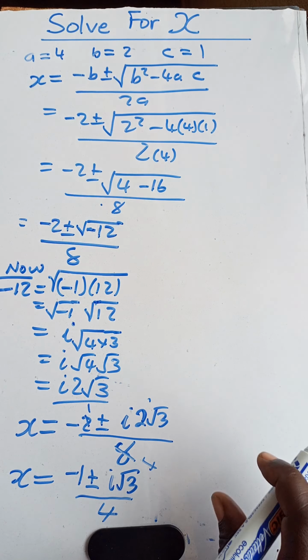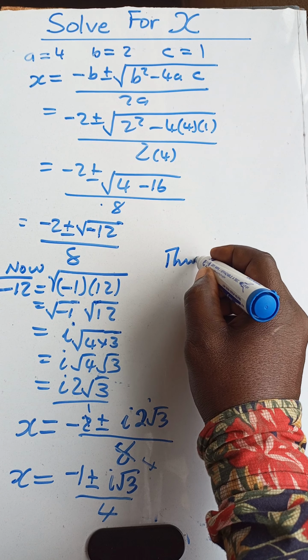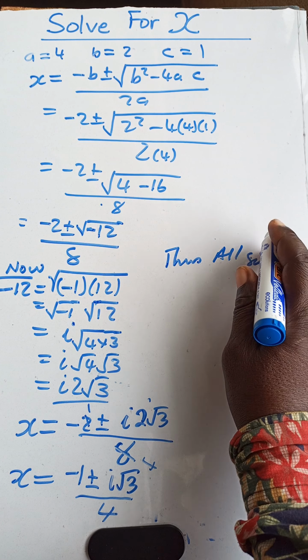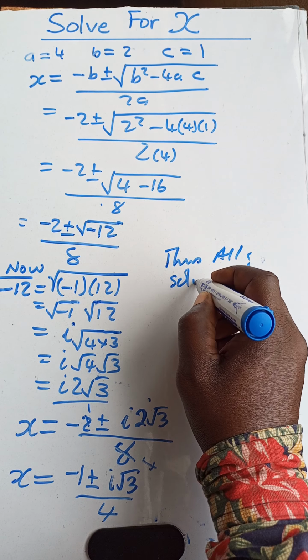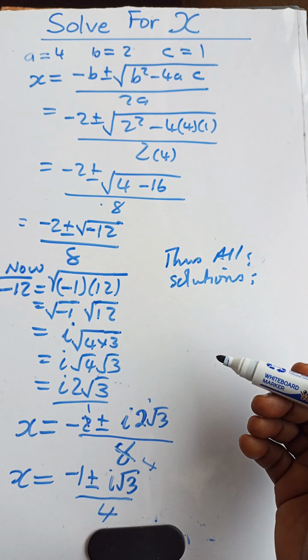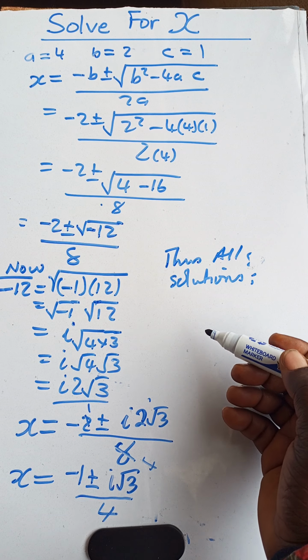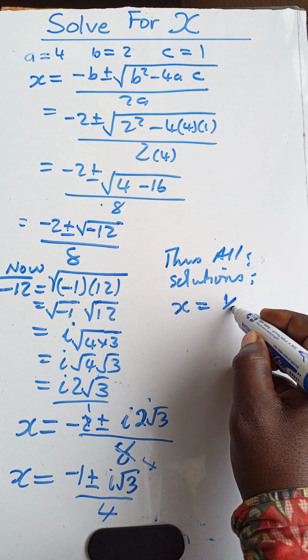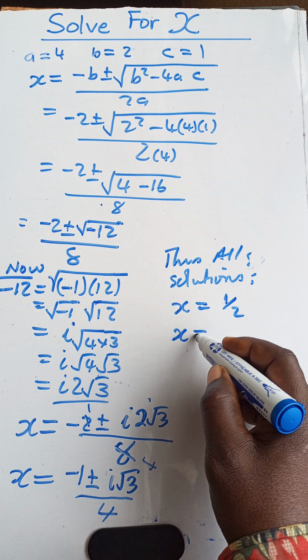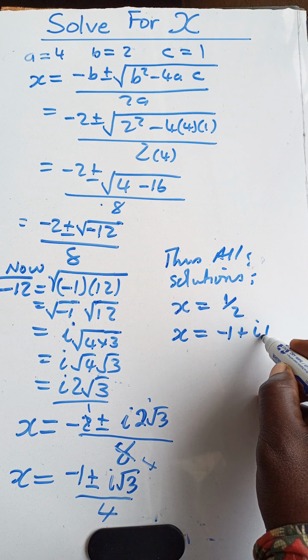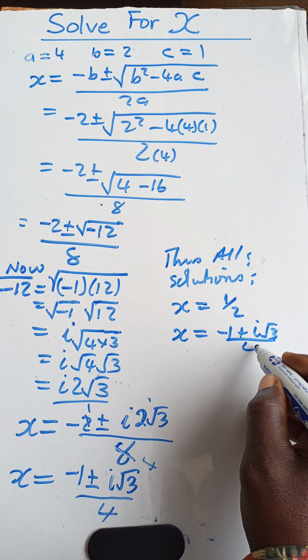Okay, thus our solutions, since it was a cubic expression means we must have three solutions. We have the first solution, x equals a half. The second solution, x equals negative 1 plus i root 3 all over 4.